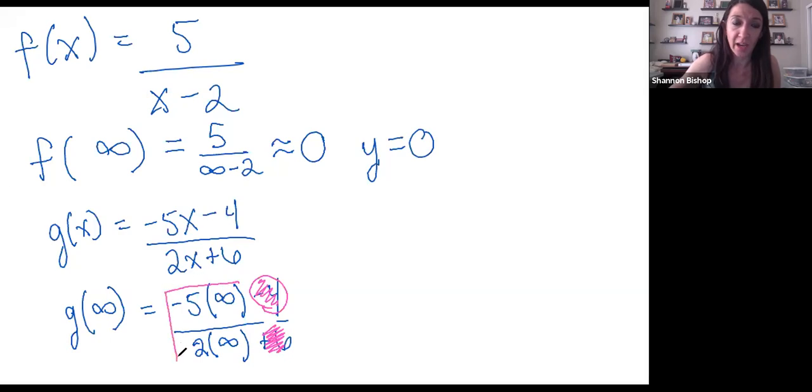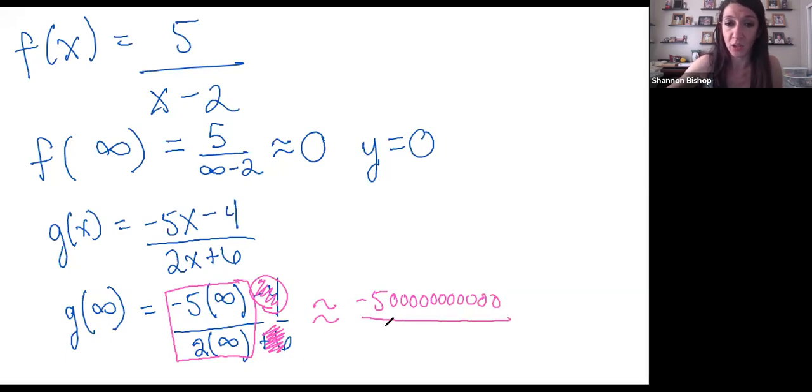You've got -5 copies of infinity, essentially divided by 2 copies of infinity. So you pretty much have -5 kajillion, I'm just going to add a crap ton of zeros here, and you're going to divide it by 2 kajillion. I'm not counting zeros, so don't fact check me on this, but that's pretty much what you have.